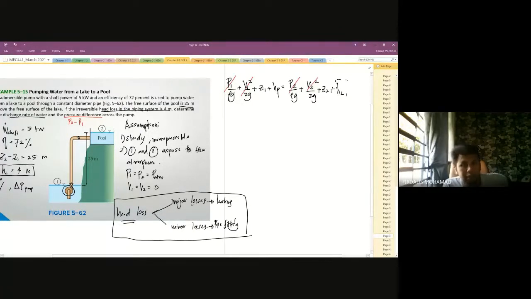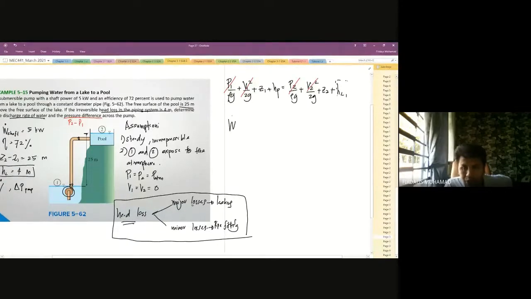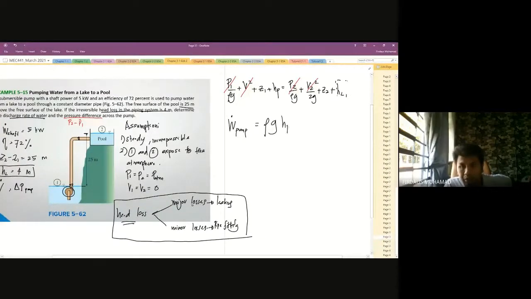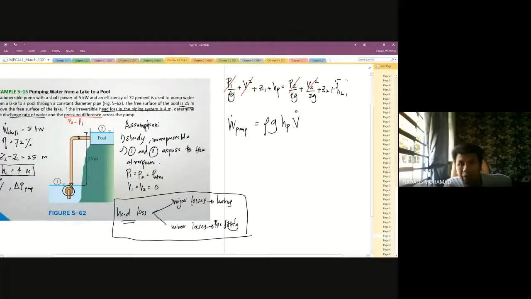Sebab apa kita kena cari HP? Sebabnya equation power, ataupun work for the pump, equal to rho G H pump kali dengan V dot. Okay, problem statement kita sekarang ni cari apa?